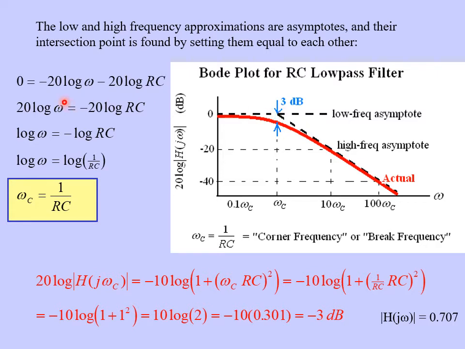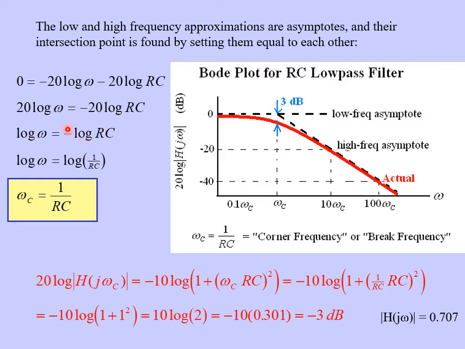It looks kind of messy at first, but it's actually quite easy. Let's take this term and move it over to the left side. So it becomes 20 log omega equals minus 20 log of RC. Next, I can divide both sides by 20, so I get log of omega equals negative log of RC.